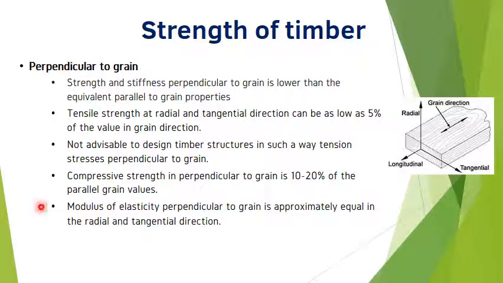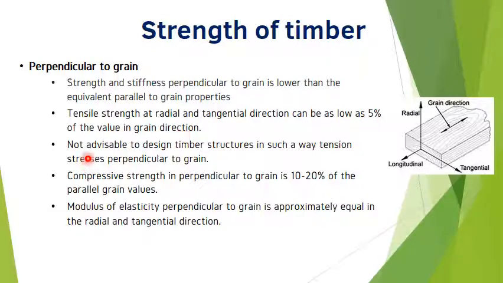Now let's look at the strength of timber perpendicular to grain. Strength and stiffness perpendicular to grain is lower than the equivalent parallel to grain properties. The tensile strength in the radial and tangential direction can be as low as 5% of the value in the grain direction.